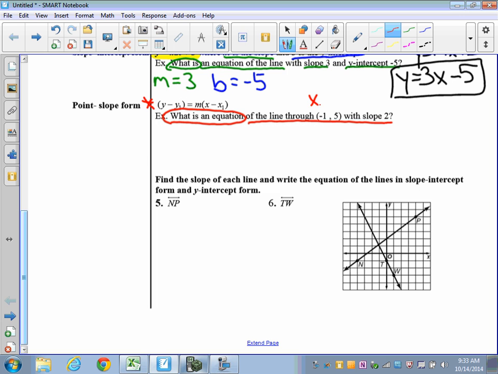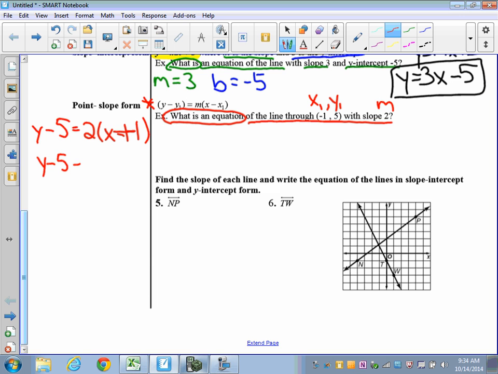So this point is just x1, y1, and 2 is the slope. So whenever I substitute everything in, I just get y minus y1, 5 equals m, 2, times x minus -1. Remember, the minus negative becomes a plus.